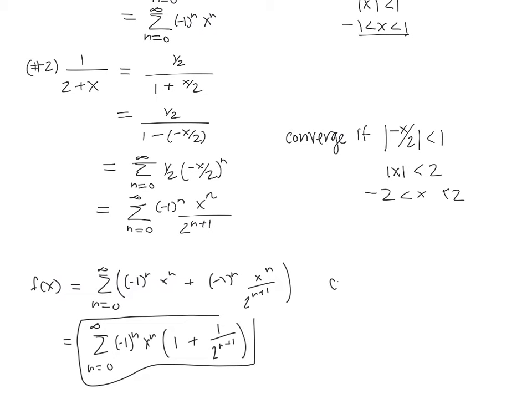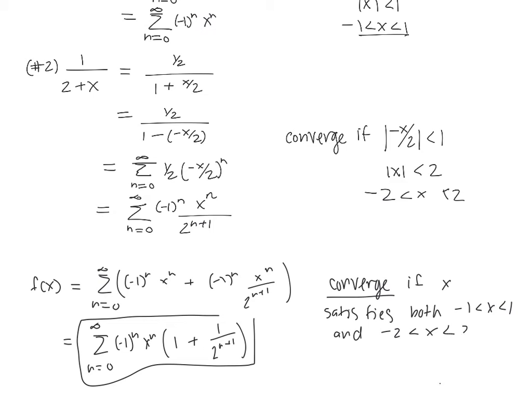Now this will converge if x satisfies both, it's between negative 1 and 1 and negative 2 and 2. So the x's that satisfy both those inequalities means this will converge if x is between negative 1 and 1.